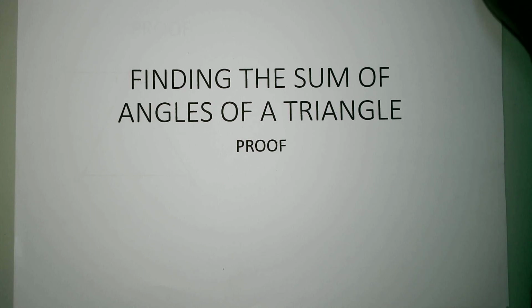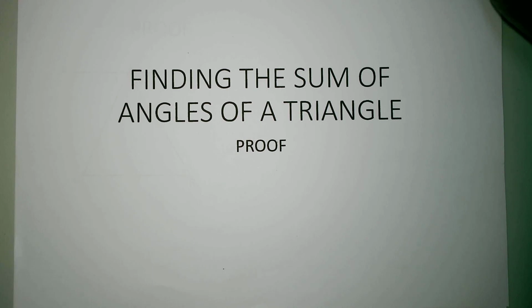In our previous lesson, we were able to find that the sum of angles of a triangle is equal to 180 degrees, meaning the sum of angles of any triangle is equal to 180 degrees.